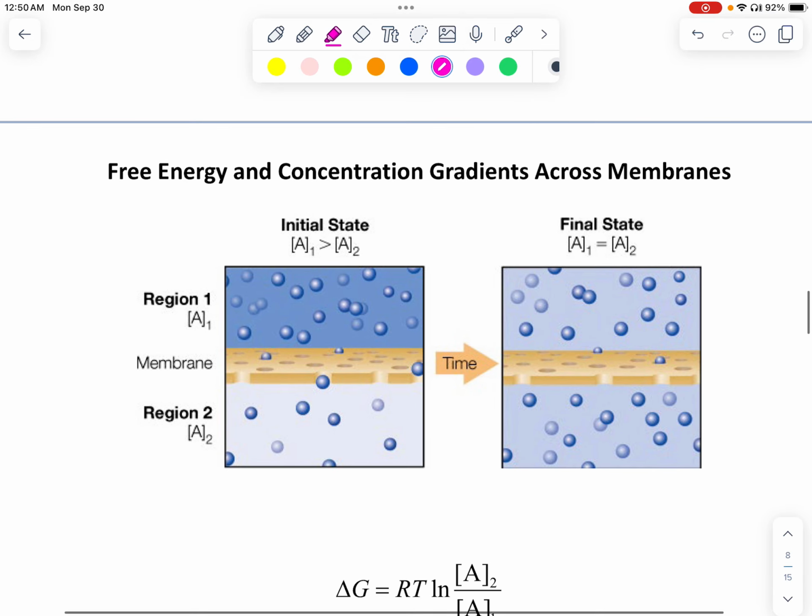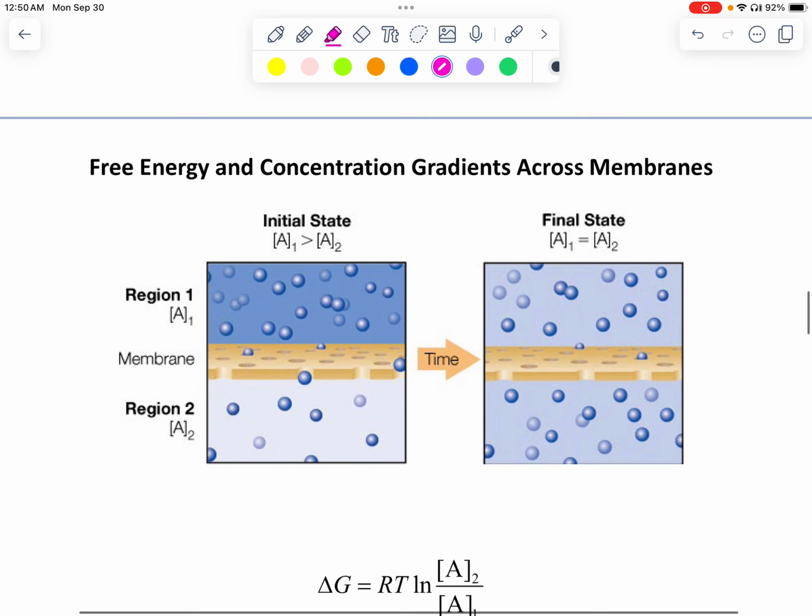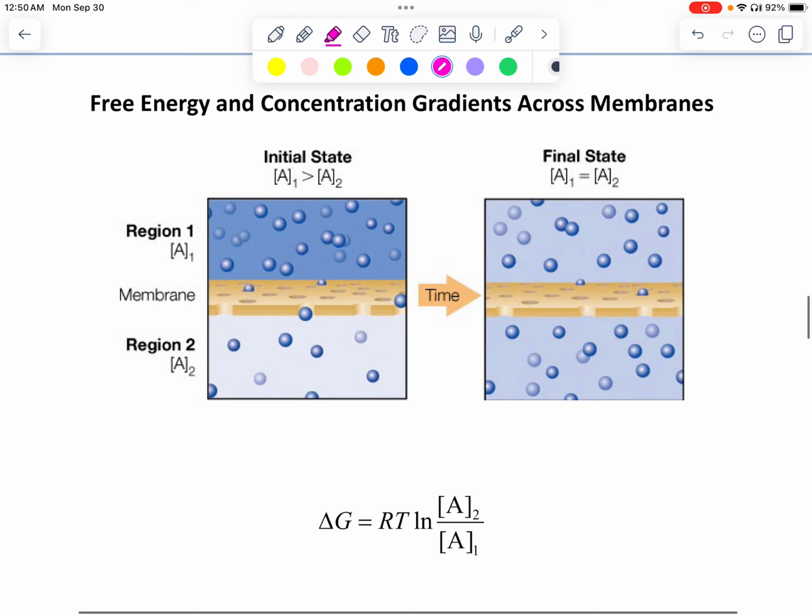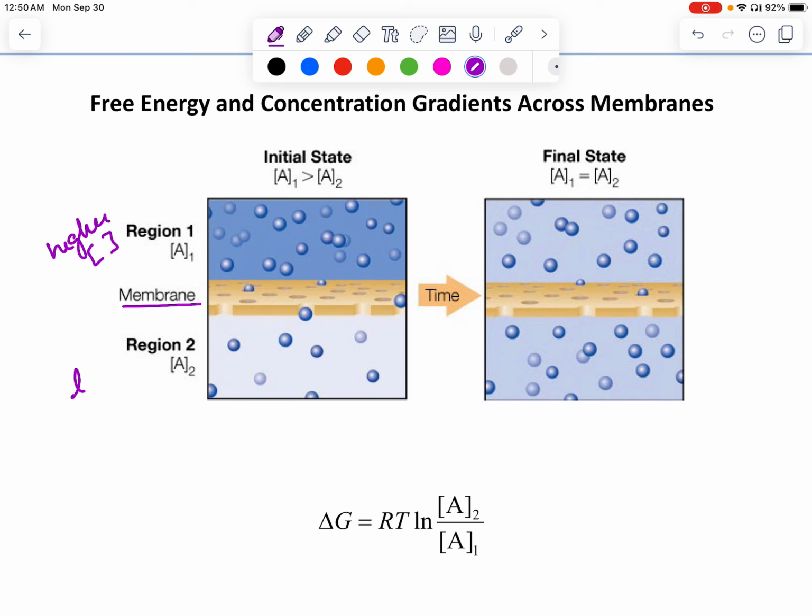All right, let's look at how we could use this. So if we have this membrane, notice we've got a membrane across the middle, we have a higher concentration up top and a lower concentration on bottom. So we expect spontaneous movement of those molecules moving through.